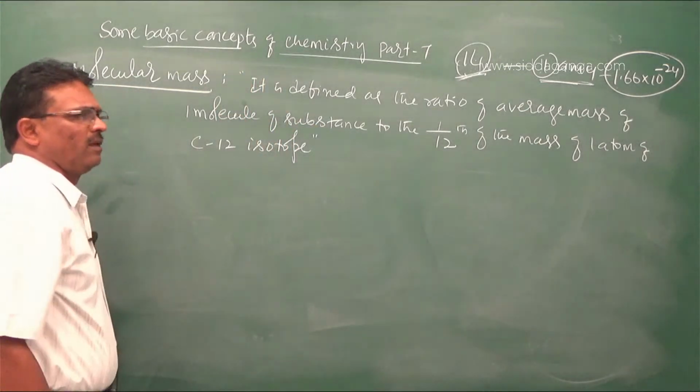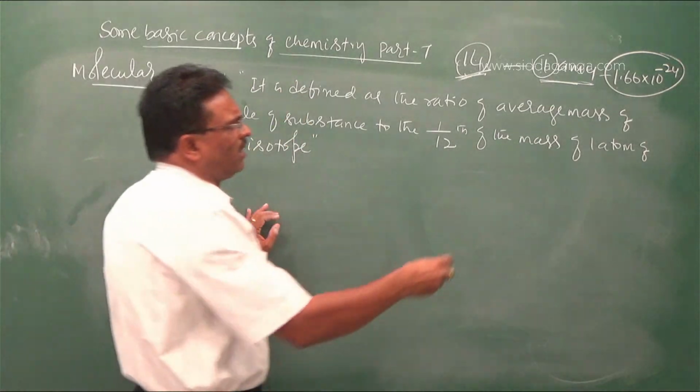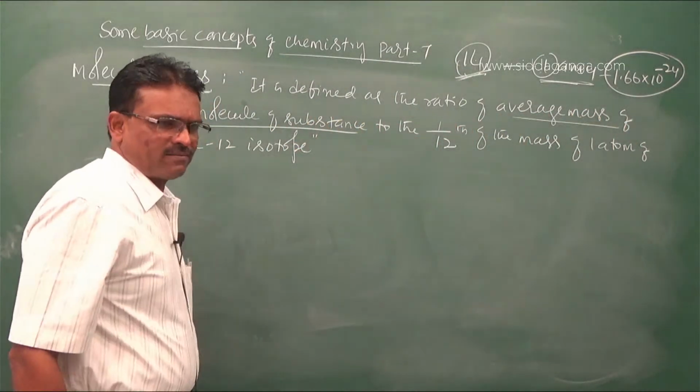Clear? It is defined as the ratio of average mass of one molecule of substance.